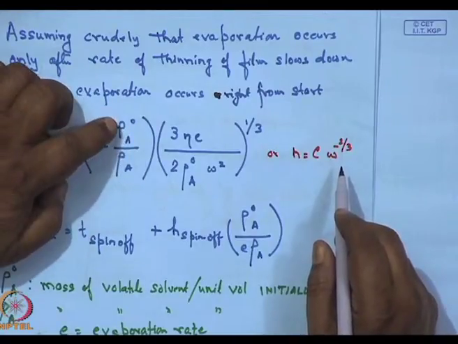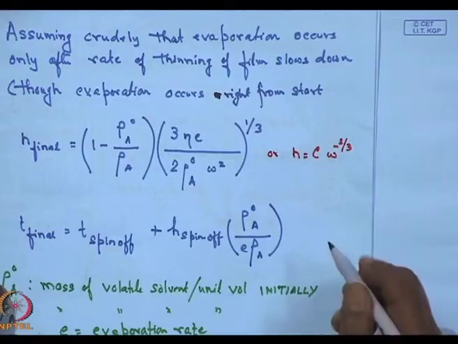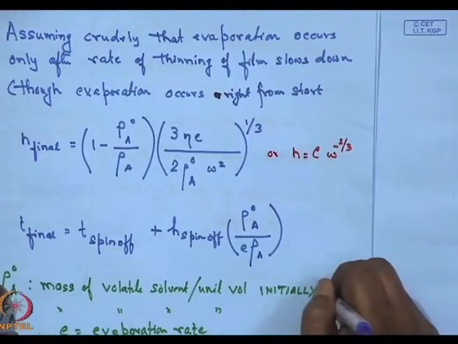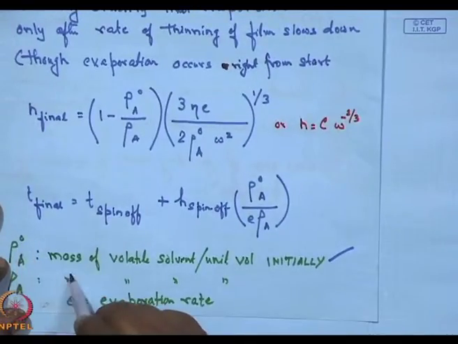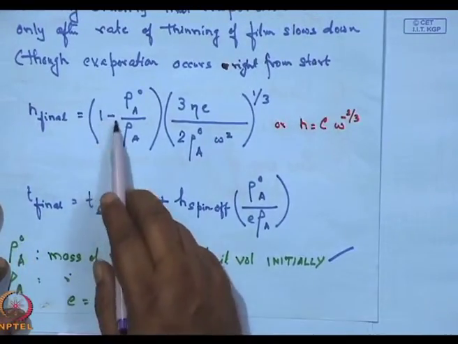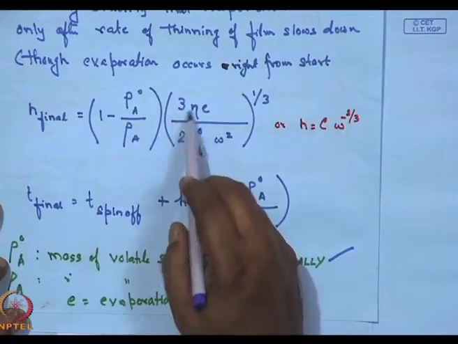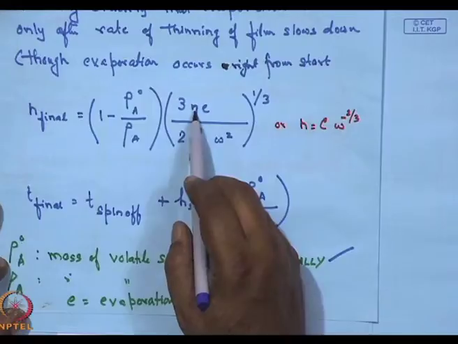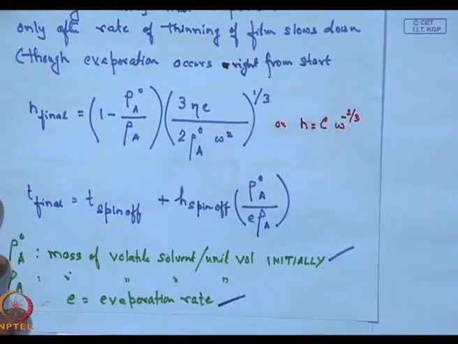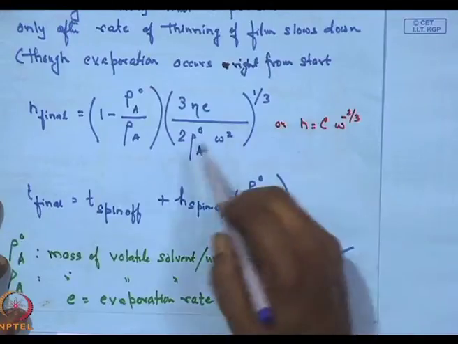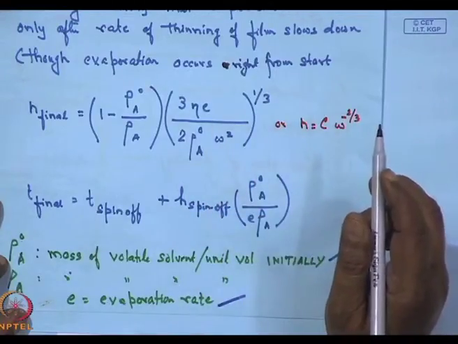What is rho 0 A by rho A? Rho A is the mass of volatile solvent per unit volume at the very start. This is rho 0 A. So, the equation is 1 minus rho 0 A by rho A multiplied by 3 eta, the viscosity, E, the evaporation rate, divided by 2 rho 0 A omega squared.